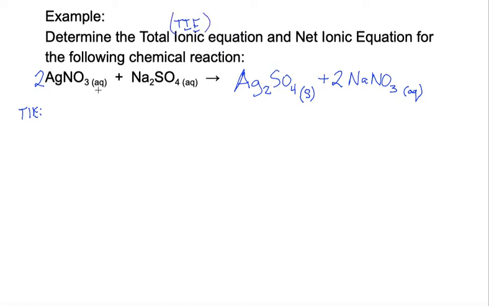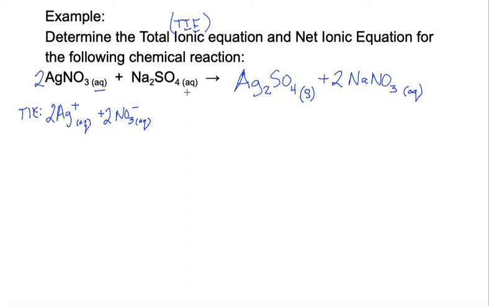We take anything that's aqueous and we dissociate it. So if I have silver nitrate, that really means I have silver ions, so I have Ag+, and I have nitrate ions, NO3-. And because there's 2 of them, I should have a coefficient 2 for my silver and a coefficient 2 for my nitrate ions.